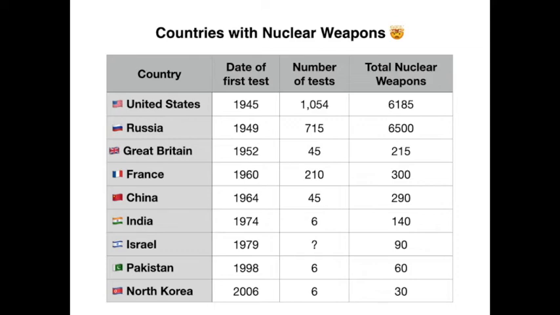Some more recent issues would include, we'll point out that India developed nuclear weapons in order to protect itself against Pakistan, which Pakistan later developed nuclear weapons on its own. So that's a good example of proliferation and this arms race. Israel has nuclear weapons, but they have never officially acknowledged that they do.